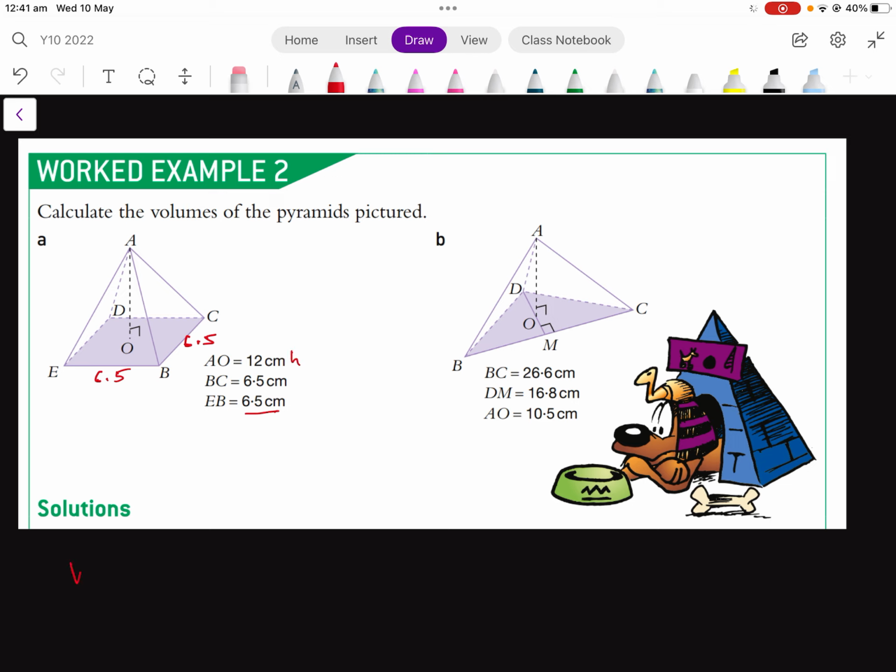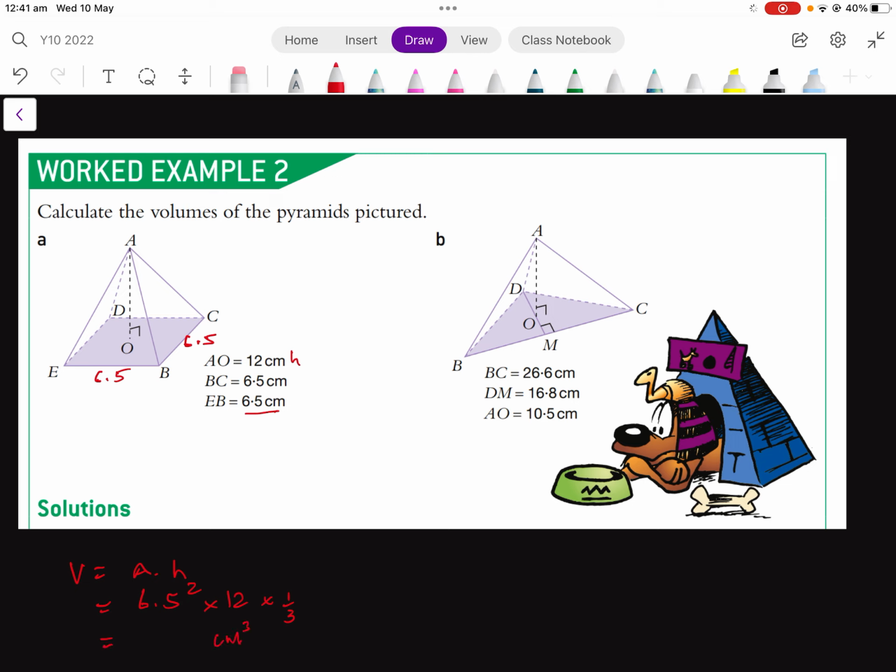So of course my volume is equal to A into H, which is the base area 6.5 square, into my height 12 centimeters, and multiplied by 1/3. So that should get me centimeter cube.